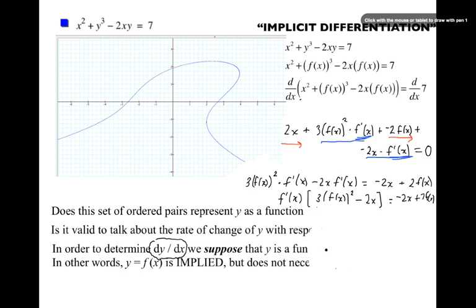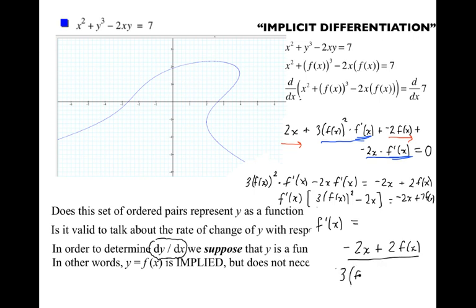So f prime is going to equal negative 2x plus 2 f of x all over the bracket, minus.